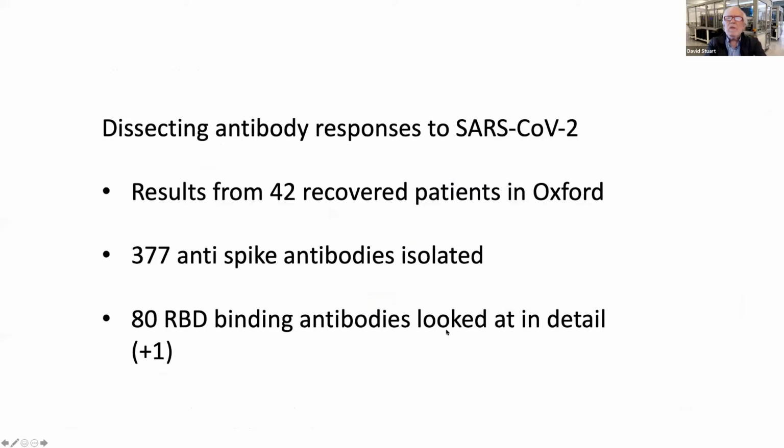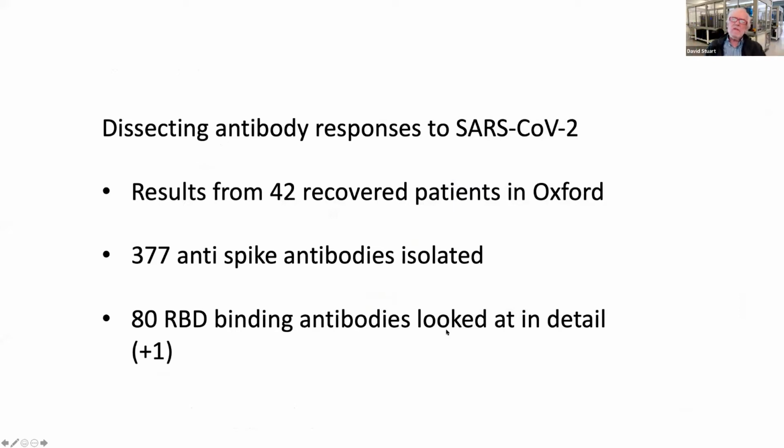The body of my talk is going to be dissecting the antibody responses to SARS-CoV-2. I've not got time to go into the structural results in detail, but just to set the scene, we were looking at results that came from 42 recovered patients in the Oxford area.